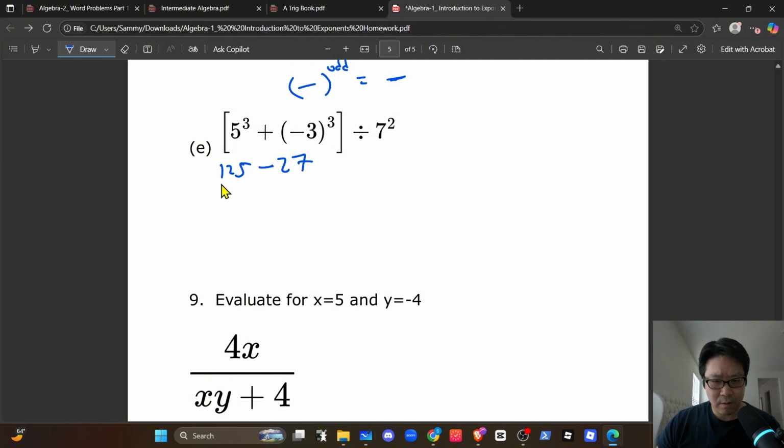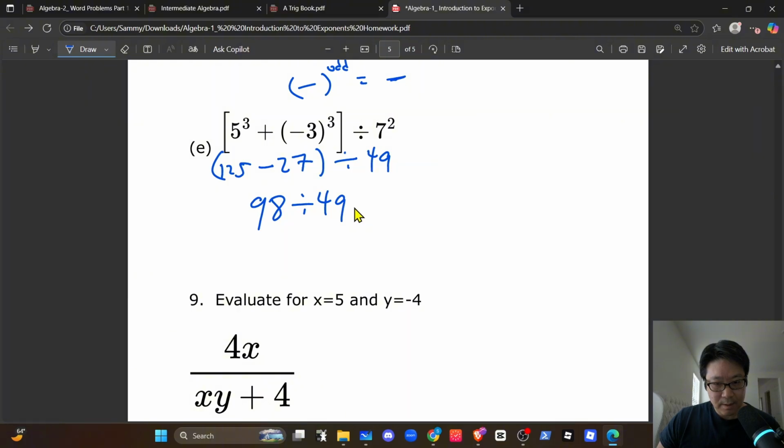And then that is going to be divided by 7 squared, which is 49. So 125 minus 27 is going to be what? 98. And that's going to be divided by 49.